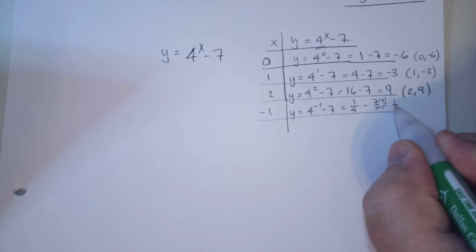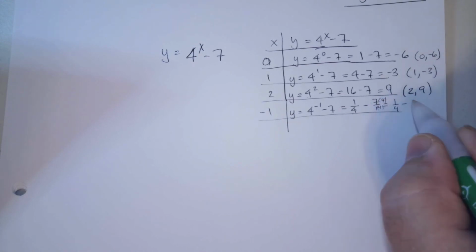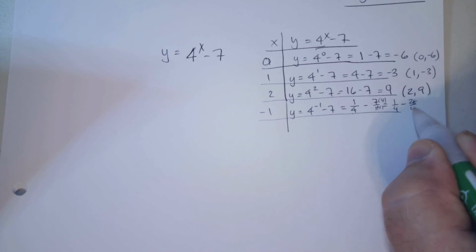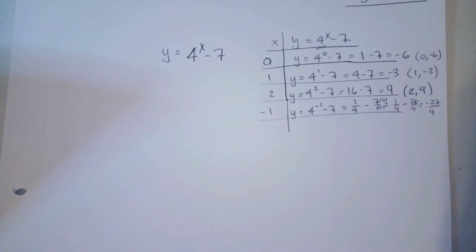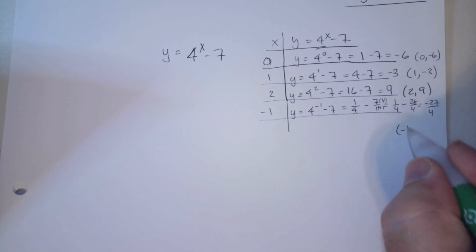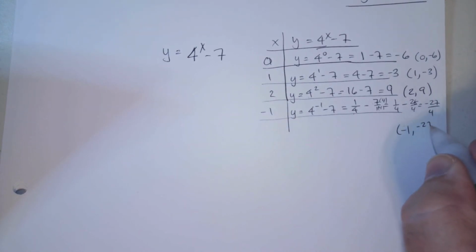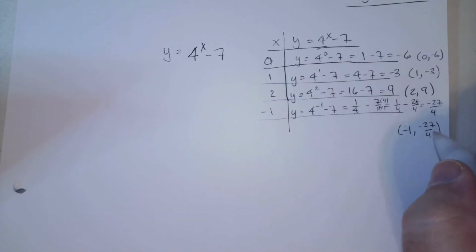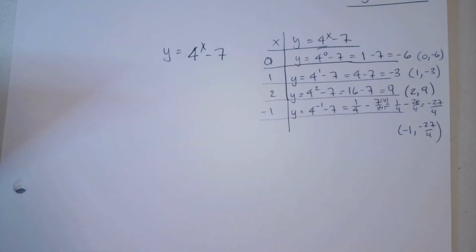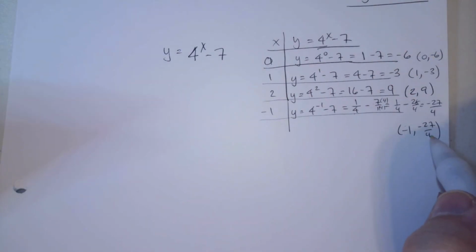We get 1/4 minus 28/4, which is -27/4. So at -1, negative 27 over 4. That's just under 7, because if it was 28 divided by 4, then it'd be 7.